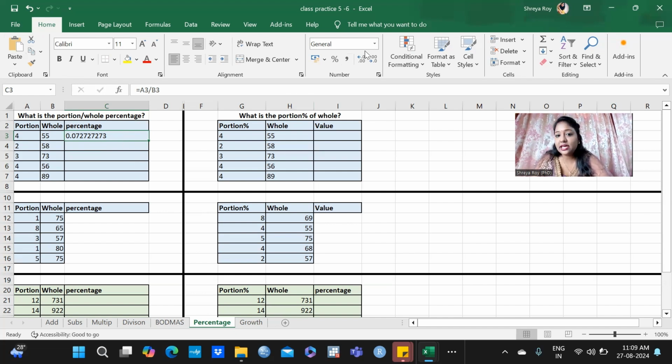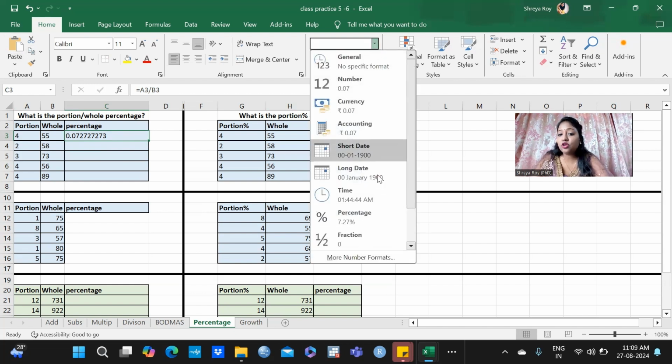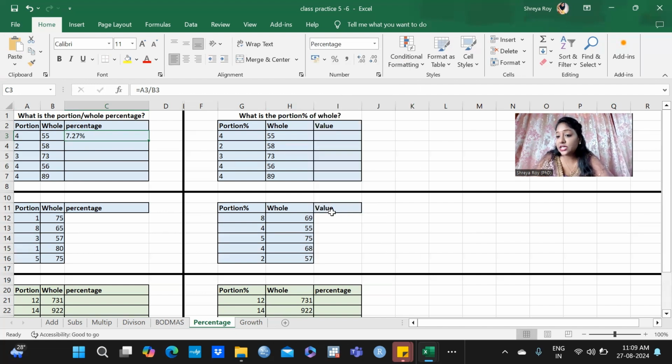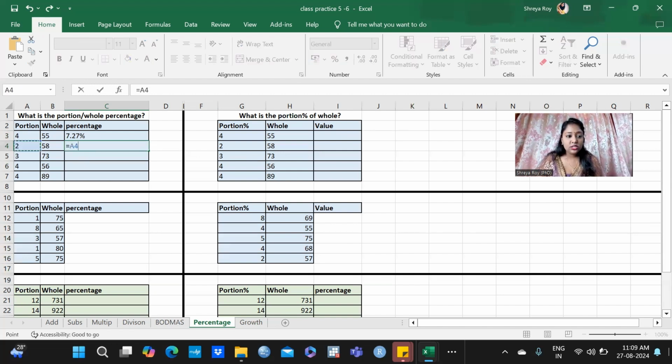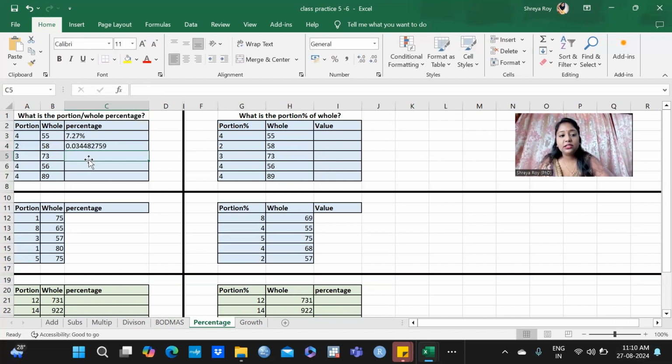So we'll select the cell, go to home and change the format from general to percent. Okay, we'll change the format from general to percentage. Is equal to first cell by the second cell, enter and change it to percentage.